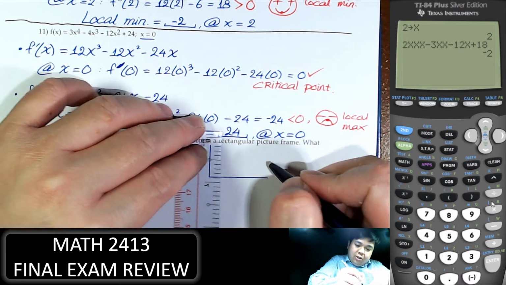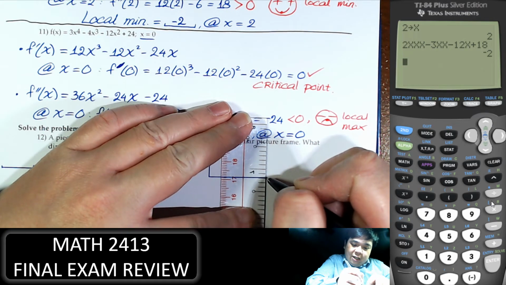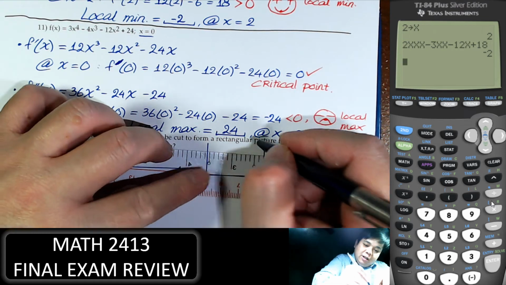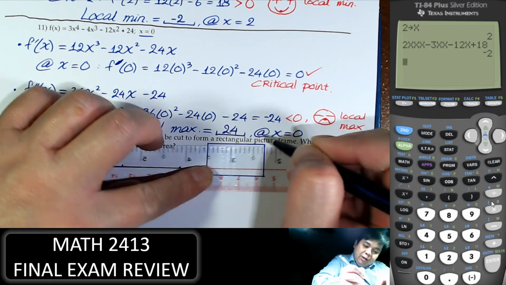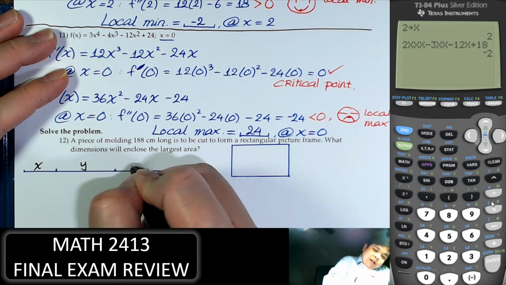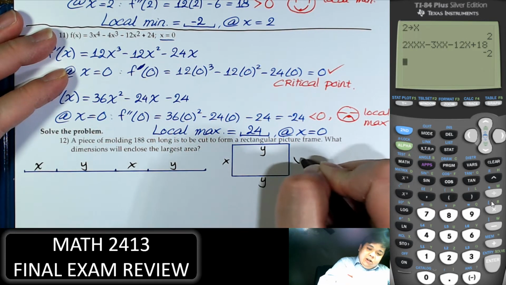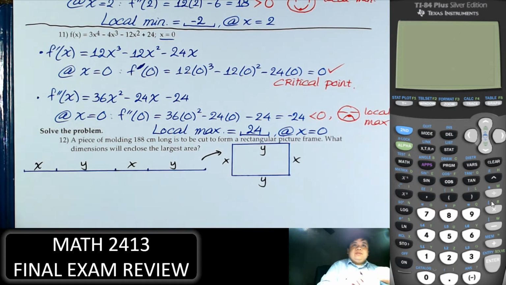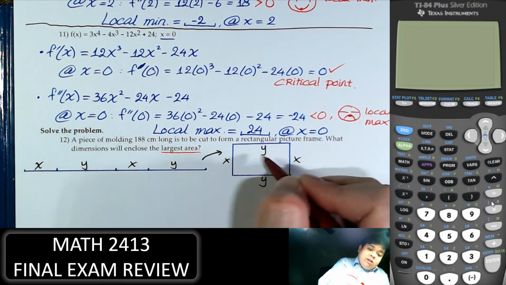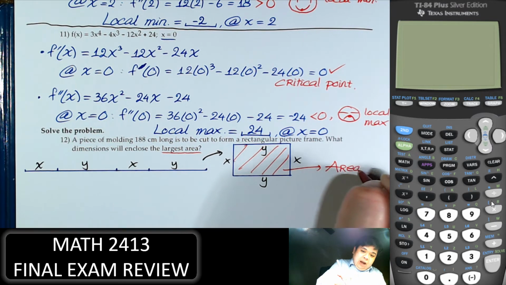So make that into a rectangle. Let's say there's x, y, x, y, so we can make it into a rectangle. And then what will enclose the largest area? Of course, the area of a rectangle is length times width.